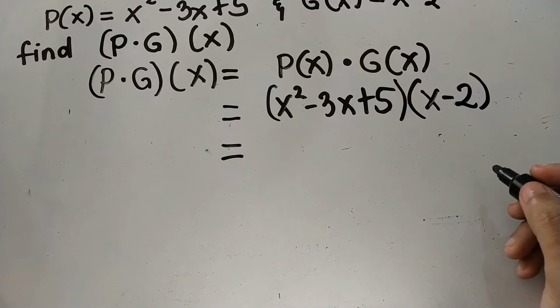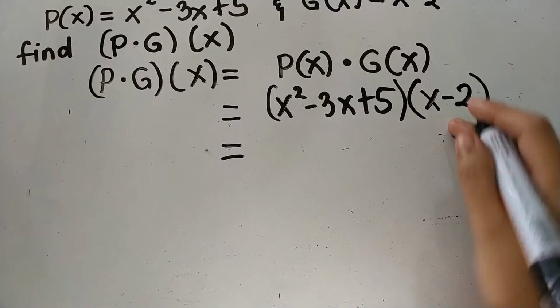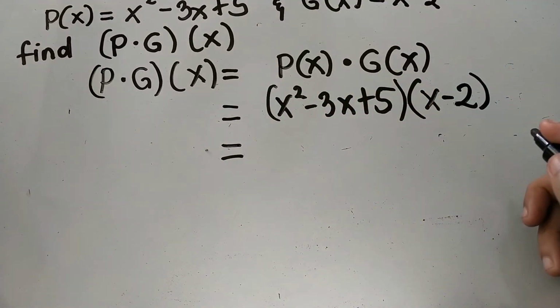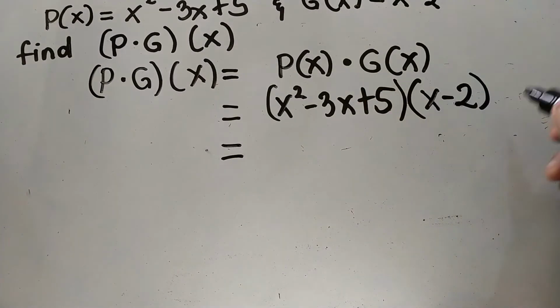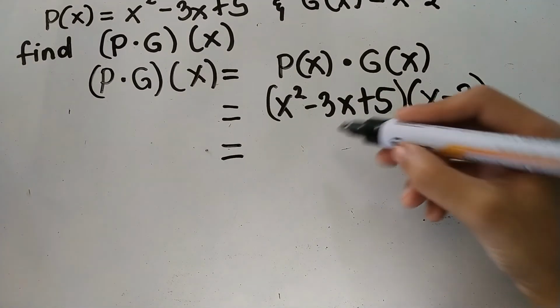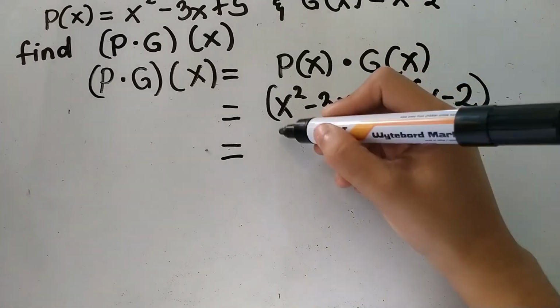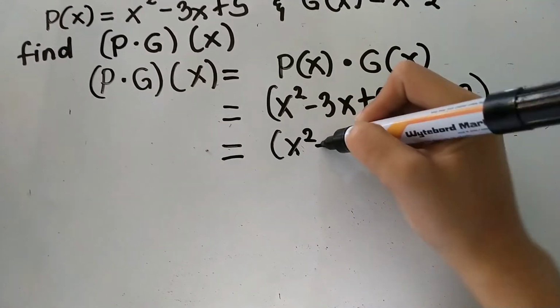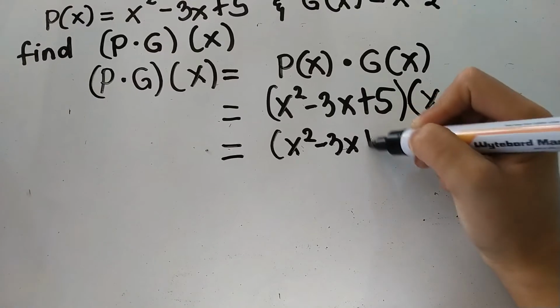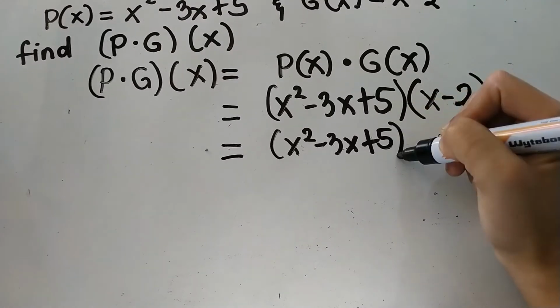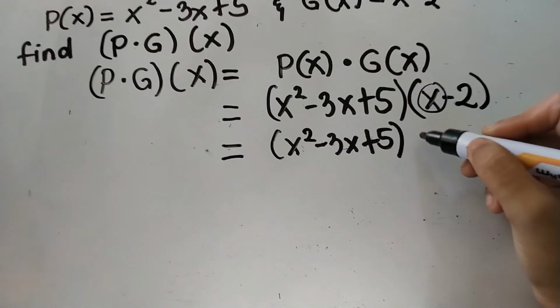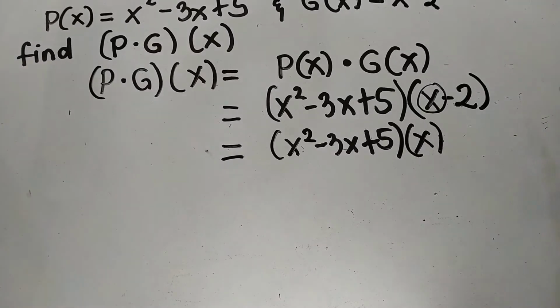So, paano ba naging horizontal? So, we will multiply x minus 2 with this trinomial. Or, better yet, ang gawin natin, dito sa dalawang to. Paano yon? Copy this one. X squared minus 3x plus 5 times itong first term, x.